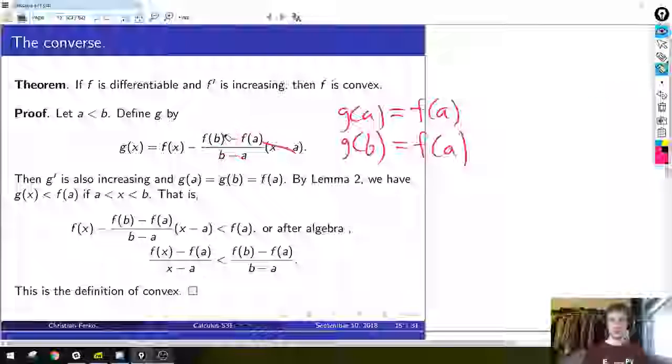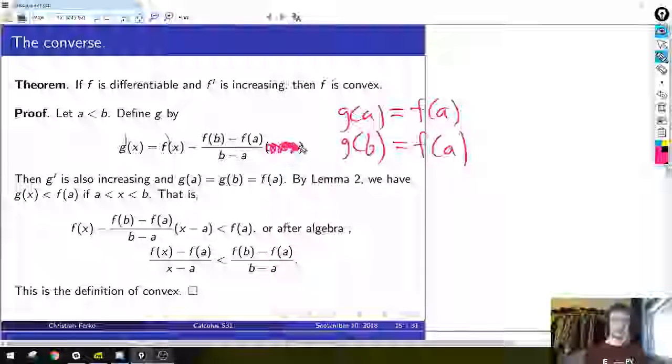So we cooked up a function which satisfies the conditions of the lemma, right? Remember the lemma told you that you had to end where you start. So your function has to take the same value at the two endpoints. So g satisfies that condition, which is very nice. The other thing is that if f prime is increasing, we can just differentiate both sides of this equation. This goes away.